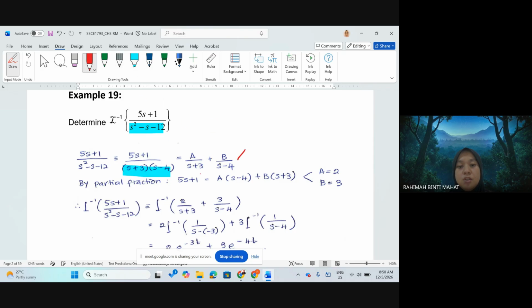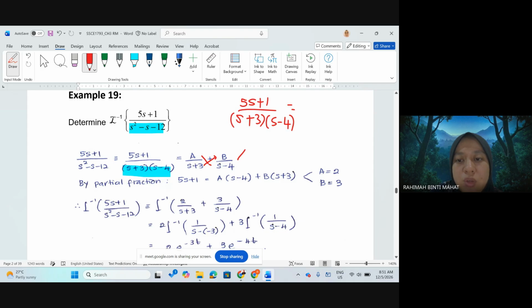This is by using the partial fraction. And then after that, you cross multiply here. So you will get 5s plus 1 over s plus 3, s minus 4 equal to this one.